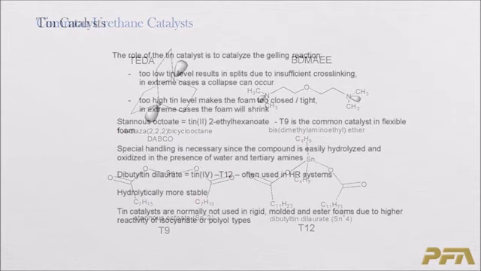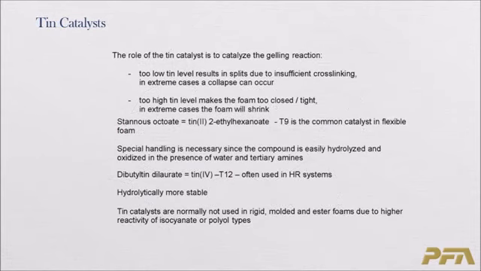Just like the surfactant, too low a level and you're going to get splits due to insufficient cross-linking. If you use too much, it's going to make the foam too tight, and in extreme cases, it will shrink or prune up.